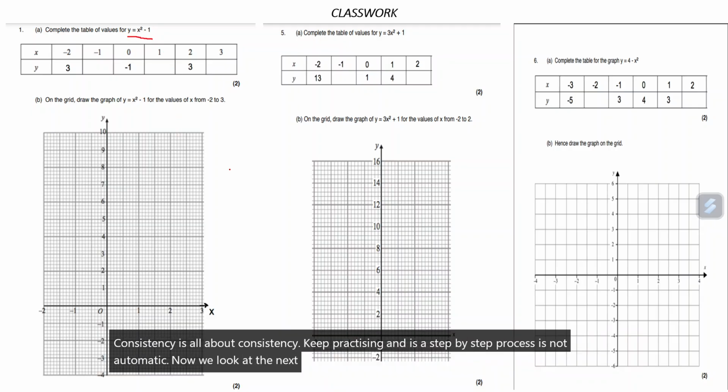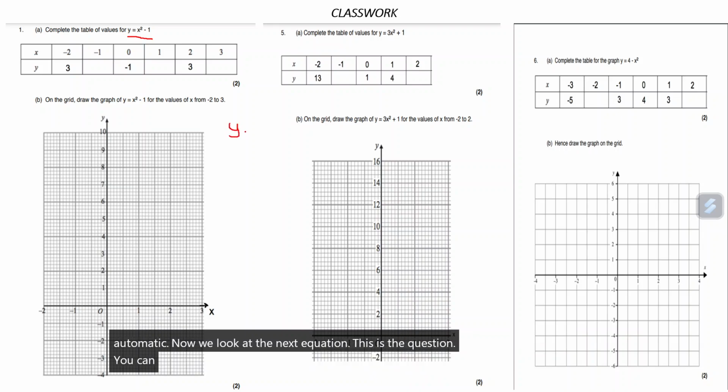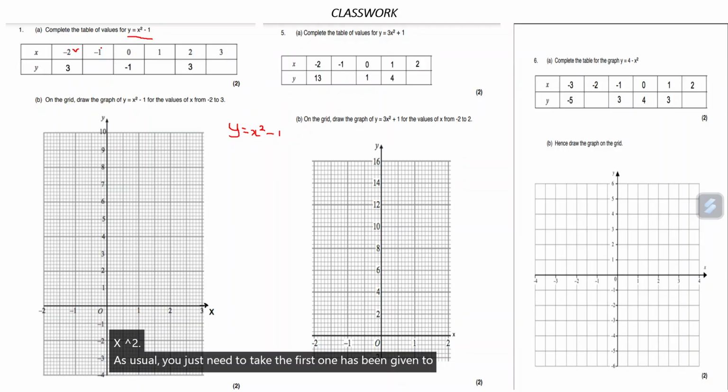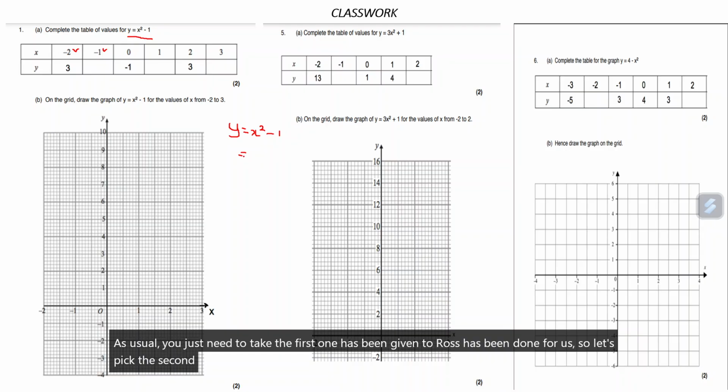This is the equation. You can see our equation is y is equal to x squared minus 1. As usual, the first one has been done for us, so let's pick the second one. That will be (minus 1) squared minus 1.